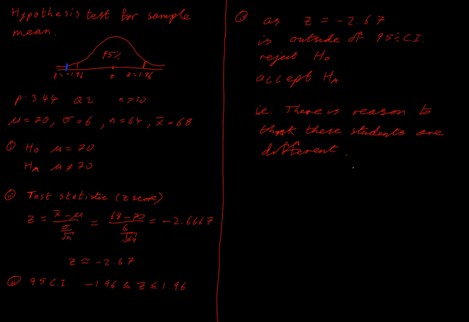If it's outside of that range, you're going to reject your null hypothesis. And if it's inside the range, if you got a z-score of, say, 0.5, then that would be inside your confidence interval, and you would accept the null hypothesis that nothing needs to change. And that is what you are looking for with your hypothesis test for your sample mean.